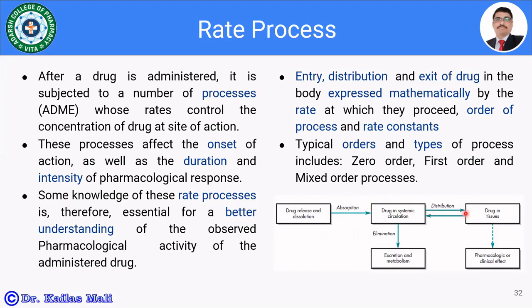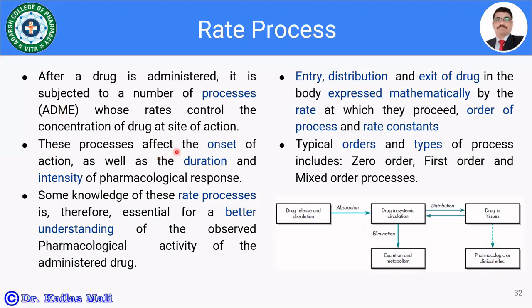The process is reversible, and from the central compartment itself the drug is going to be excreted from the body, as well as from the same compartment it reaches all over the tissues, which elicits the pharmacological action. So there are various processes involved, whose rate controls the concentration of drug at the site of action. So this is the site of action.